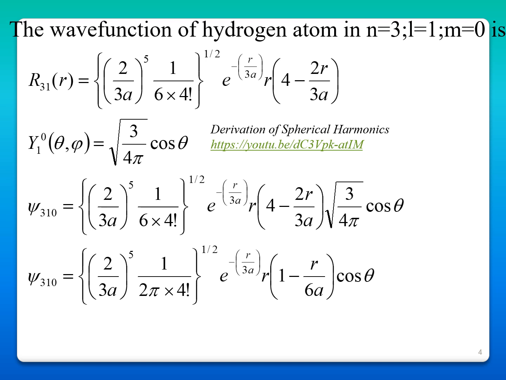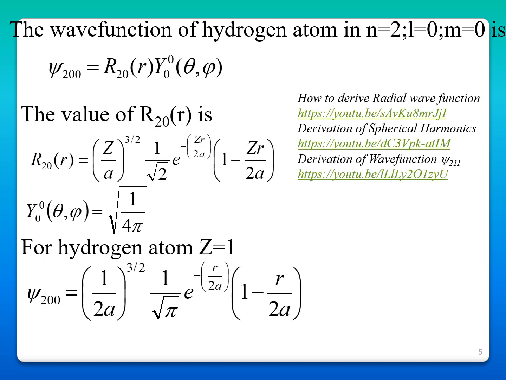Substituting all this, psi 310 is (2 by 3a) whole power 5, 1 by 2 pi into 4 factorial whole power half, e power minus r by 3a, into r times (1 minus r by 3a) into cos theta. The derivation for the spherical harmonics I made in a separate YouTube video also.